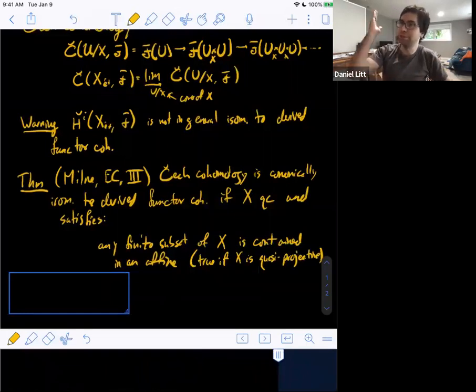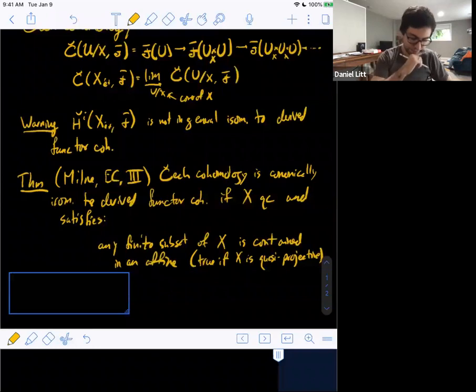In general, you can just slice by a hyperplane that misses your points, unless you're over a finite field, when maybe you don't have enough hyperplanes to do that. So if you didn't see the discussion in Discord, you should convince yourself that this is still true for quasi-projective varieties over a finite field. And if you are stuck, you can look at the discussion in the Discord and see why that's the case, and it's a fun little trick.